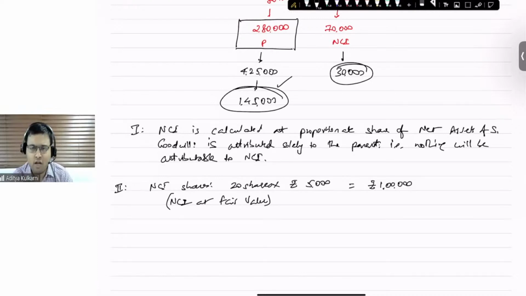In the basis for consolidation, you will explain that NCI is measured at fair value, and that is why goodwill will be a full goodwill. Otherwise, you will say that NCI is measured as proportionate share of net assets, and therefore the goodwill will be partial. It will be shown as a disclosure, but not on the face of the balance sheet as full or partial. It will be shown only as goodwill on the face of the balance sheet.